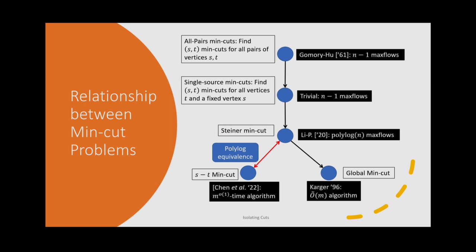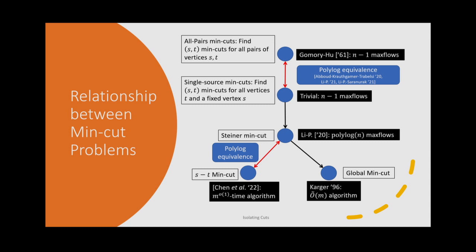Now the first dent in this picture was a few years ago when several groups, Abboud, Krauthgamer, and Trabelsi initially, and then in a slightly more refined way, me with Jason Li, and then me with Thatchaphol and Jason, showed that the last two problems on top are also equivalent up to polylog factors.